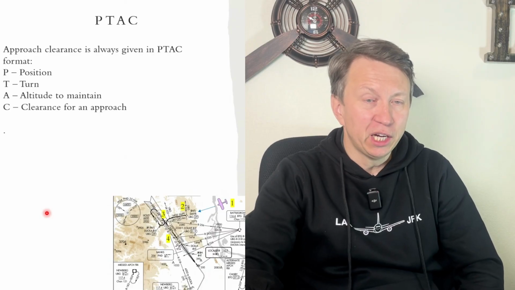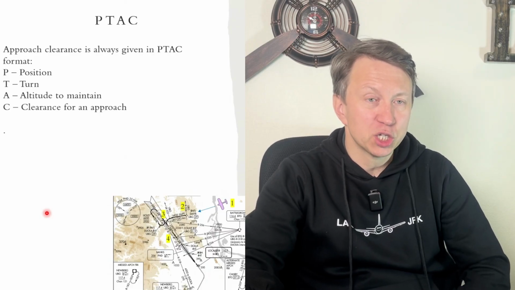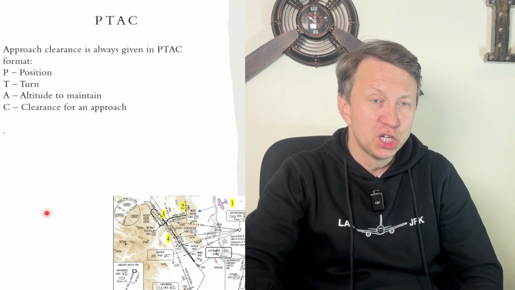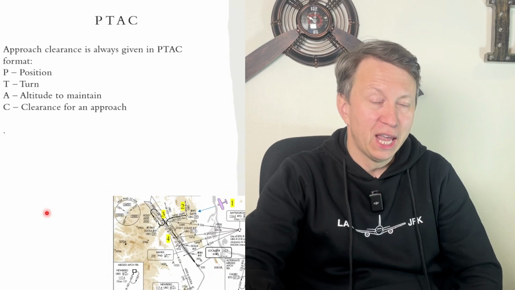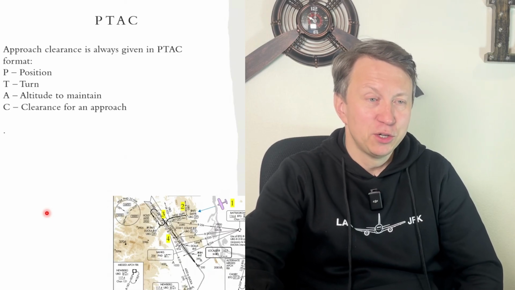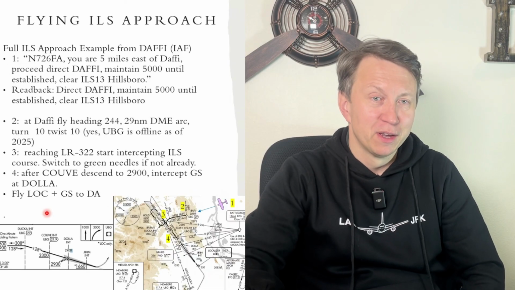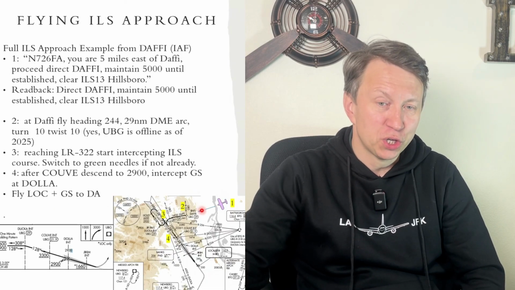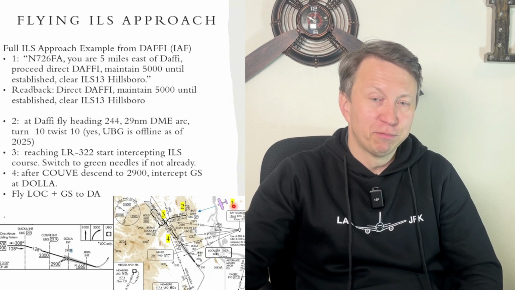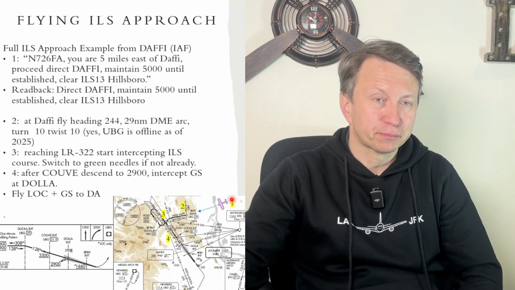Now next, when you will be cleared for the approach, it is always given in the same format, PTAC: position, turn, altitude, and the clearance. And I'll apply this to this scenario in a second. So let's say we're flying this approach, this 13 right ILS, and we're coming in from Portland.